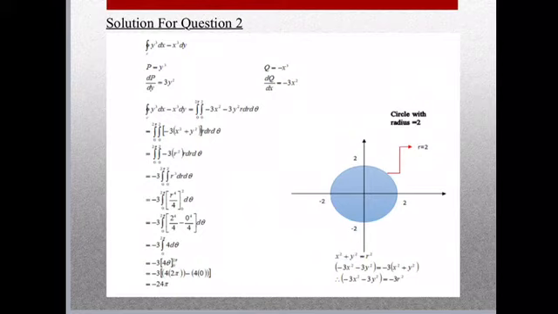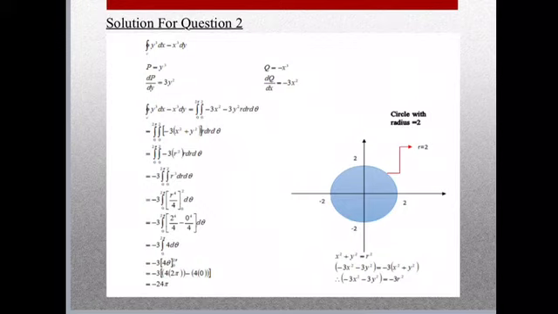When we use a circle, we change dy dx or dx dy into r dr d theta or r d theta dr. So the limit for r is 0 to 2, and the limit for theta is 0 to 2 pi.